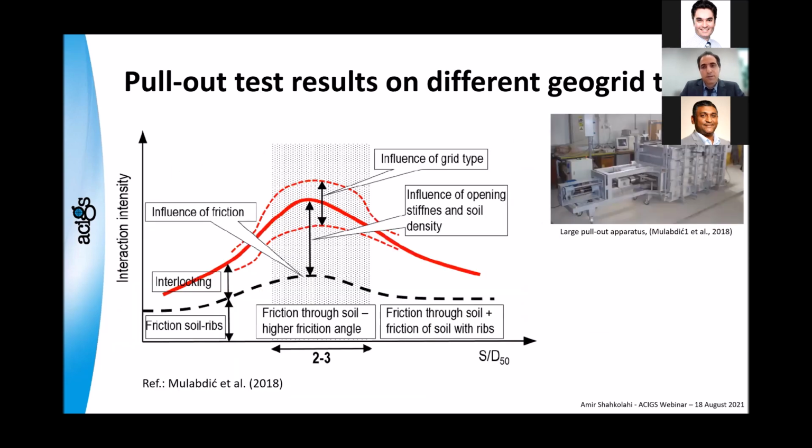Now, I like this graph. It's nicely described by Moblick and his team in 2018. This graph is a pull-out test on many different geogrids, different types.